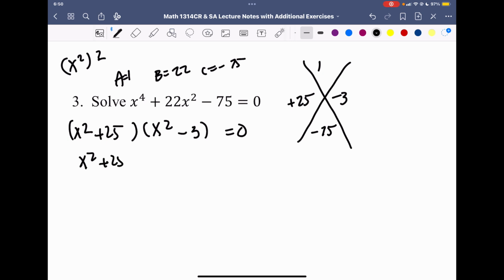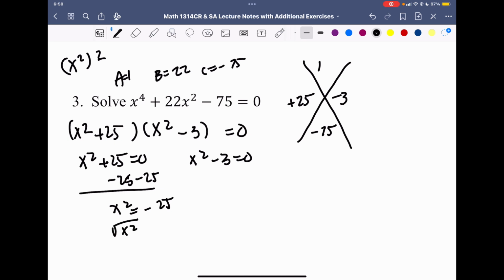x squared plus 25 equals 0. x squared minus 3 equals 0. Minus 25, minus 25. x squared equals negative 25. The square root of x squared equals the square root of negative 25. x equals plus and minus 5i. Plus 3, plus 3. x squared equals 3.